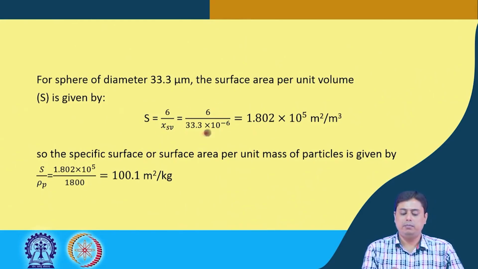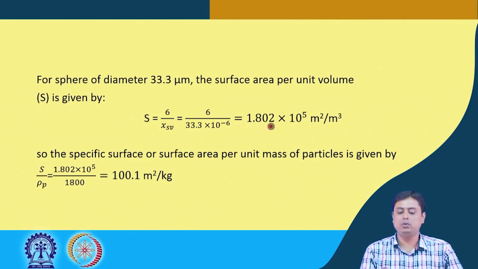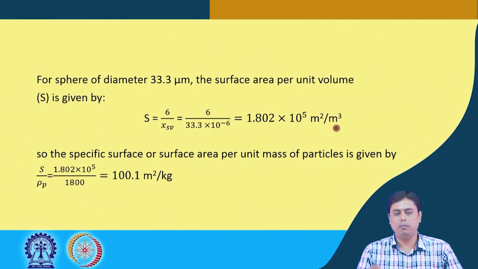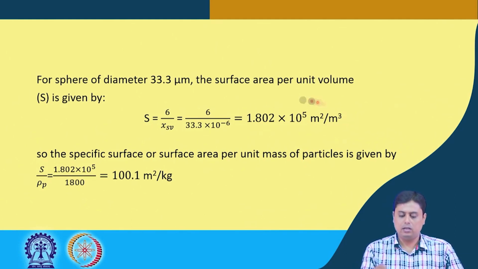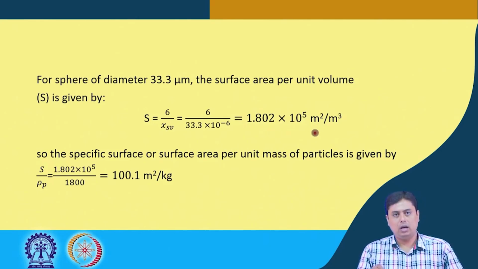So, we replace that expression here and we find out that the surface area per unit volume is 1.802 into 10 to the power 5 meter square per meter cube. This can be your answer.